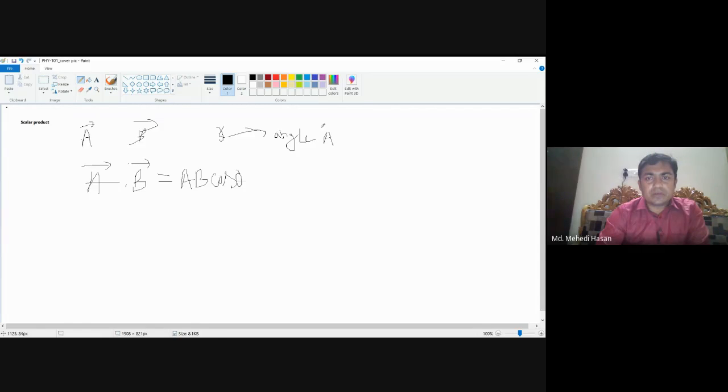Here theta is the angle between the A and B vectors.